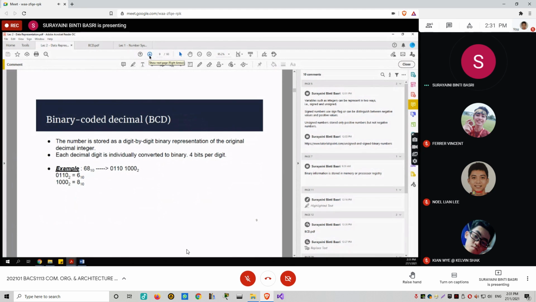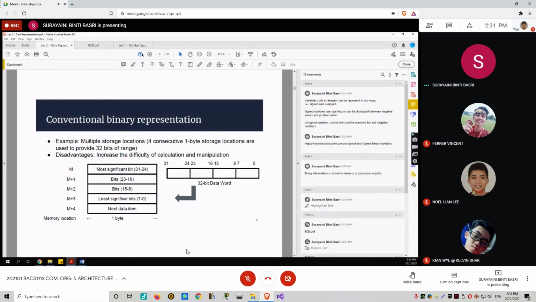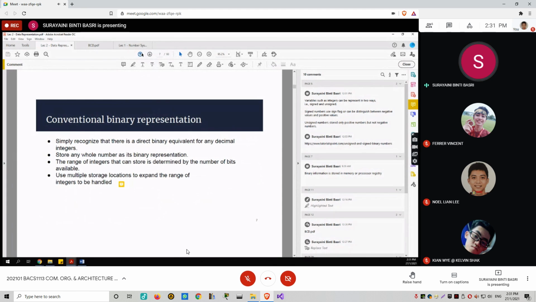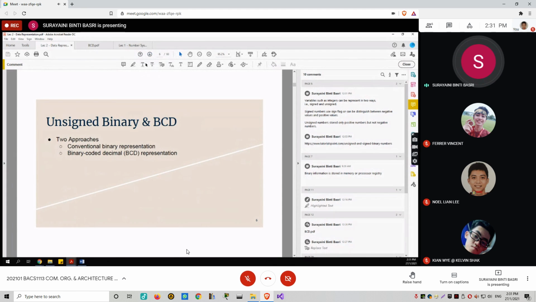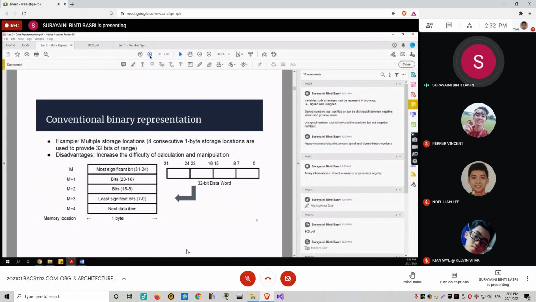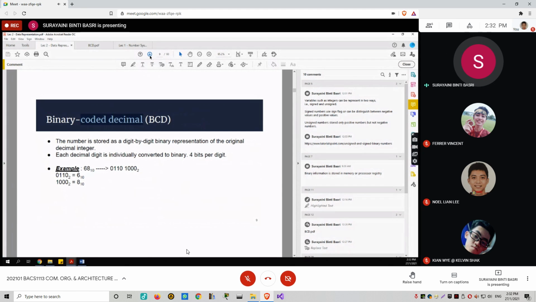Okay, so we proceed to how you convert binary to coded decimal. We finish with the conventional binary representation, which is the usual way of converting decimal to binary, like we learned in our chapter 1.